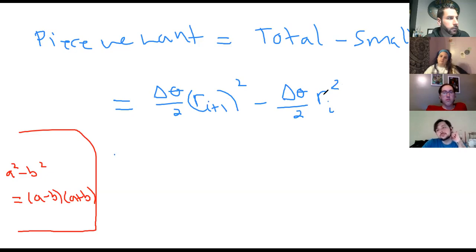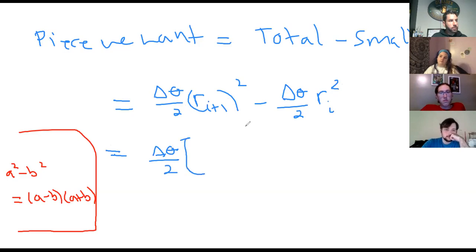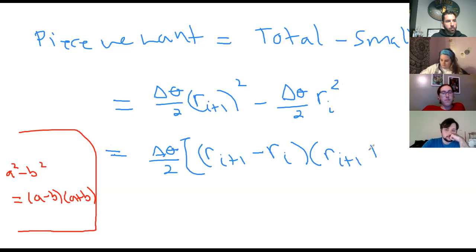If I just get a little creative with my factoring, if I pull this delta theta out, what's left is r sub i plus 1 minus r sub i times r sub i plus 1 plus r sub i. Now what is this guy? This is delta.